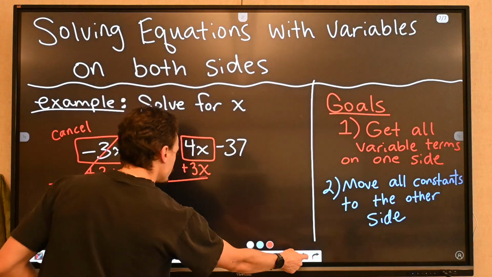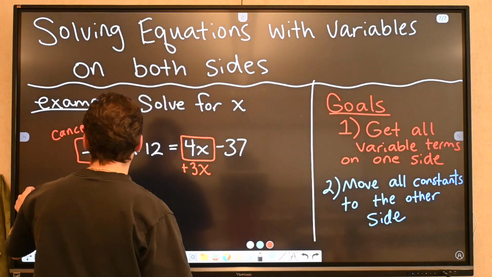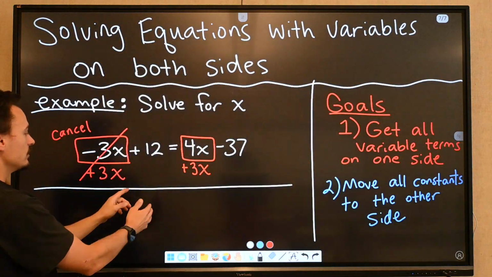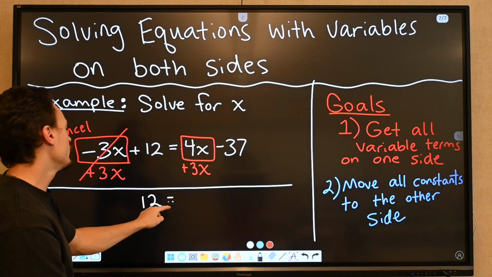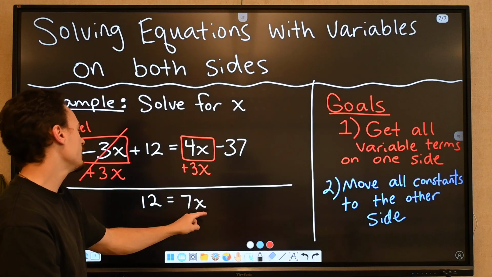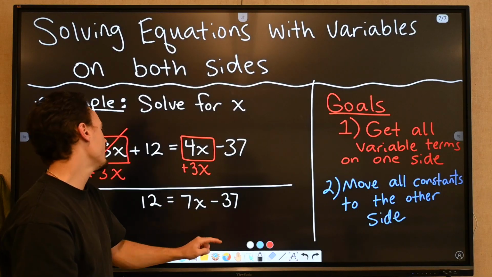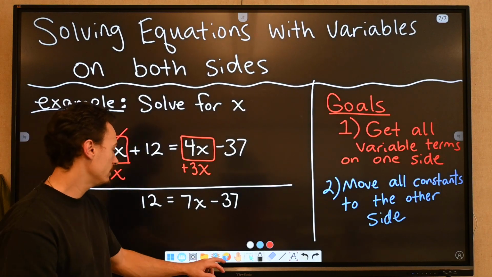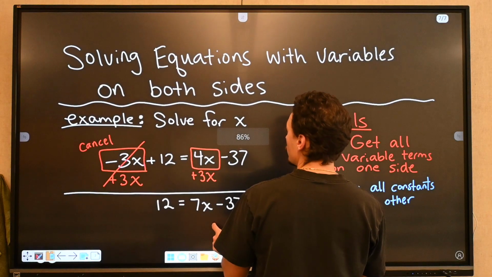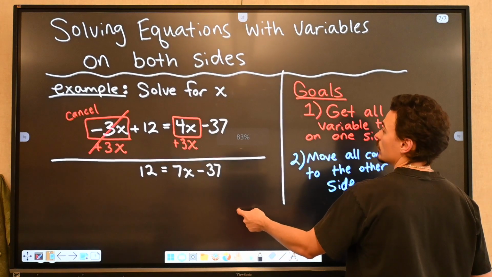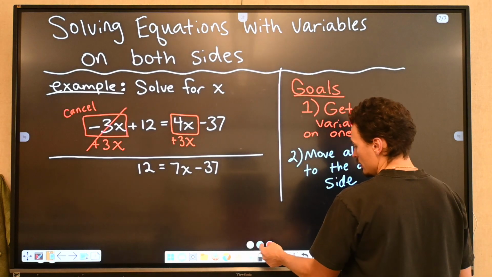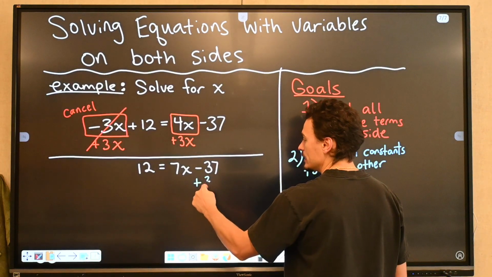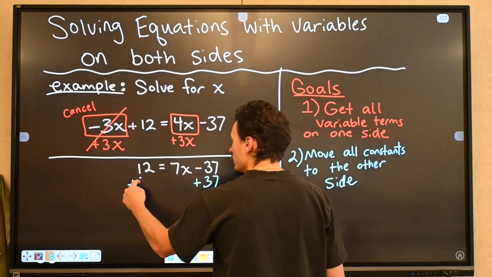Okay? So now, these canceled, so I have 12 equals 7x minus 37. Okay, and now we just solve it like normal. Okay, I'm going to add 37 to both sides.